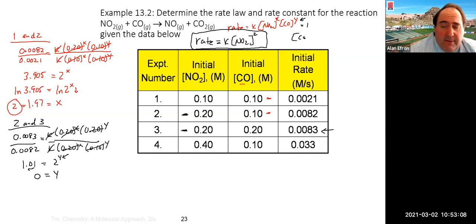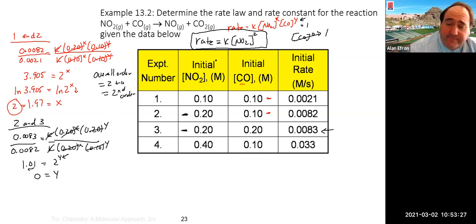We don't typically put it in like that, again, because that basically equals 1 in that particular case. That means the overall order here would be 2 plus 0, which is second order. And that leaves us really, that basically leaves us just K to solve for.